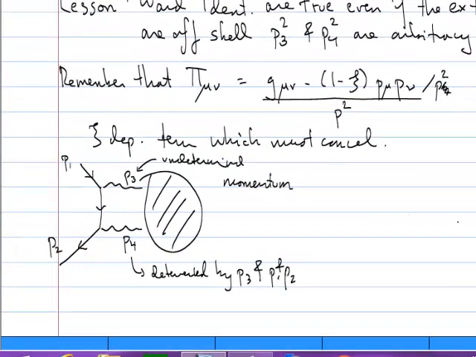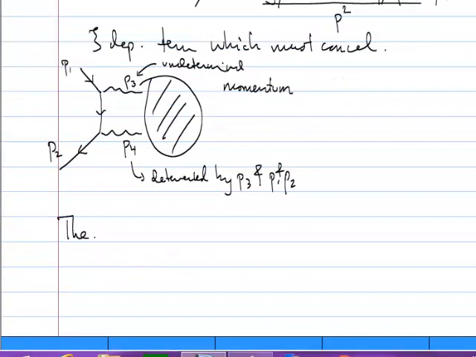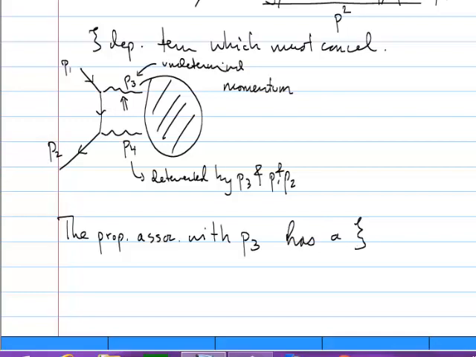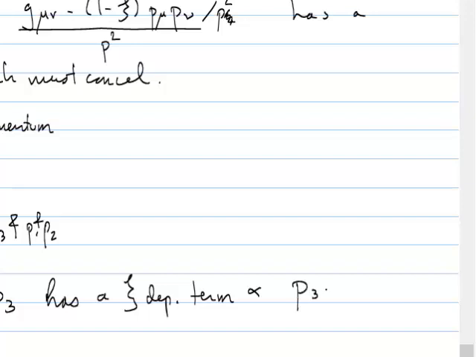So pi mu nu for this propagator right there, for this undetermined momentum associated with P3, has a term that is dependent on xi that is proportional to P3 mu P3 nu divided by P3 squared. Okay. That's this term right up here. Okay.